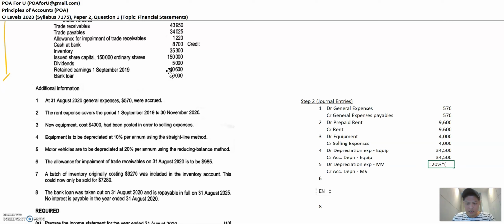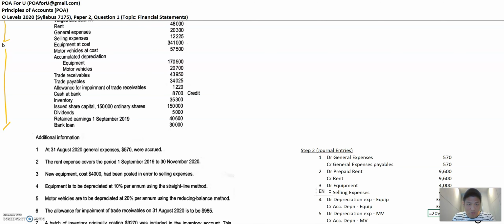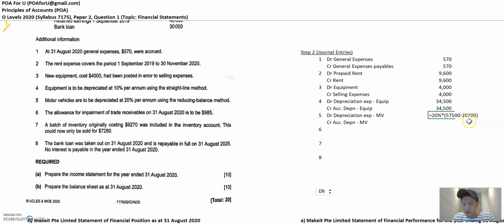So 20% times 5,700 less 2,0700. And let me check my numbers. 5,750 instead. All right, 5,750 less 2,0700. So that's my answer.